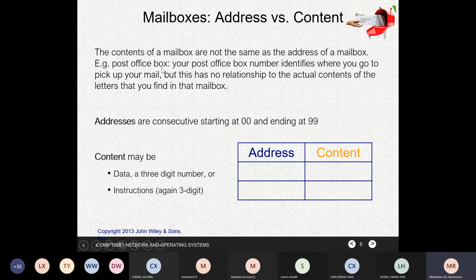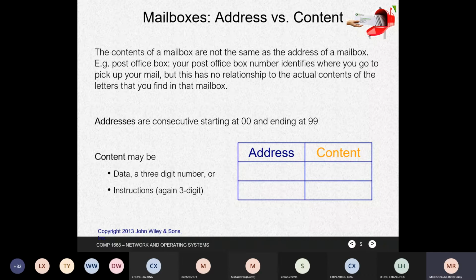Example, a post office box. Your post office box number identifies where you go to pick up your mail, right? Your post office box is fixed, like what I told you last week. Maybe you are staying on the second floor, unit number 1, so it will be 0201, for example. But this has nothing to do with the contents of your mailbox.